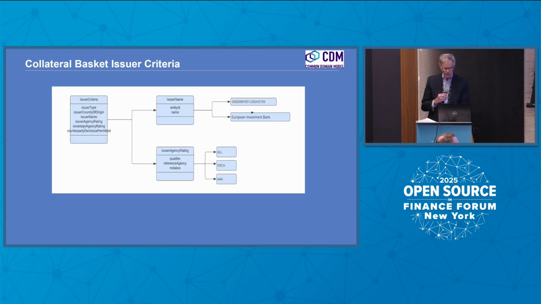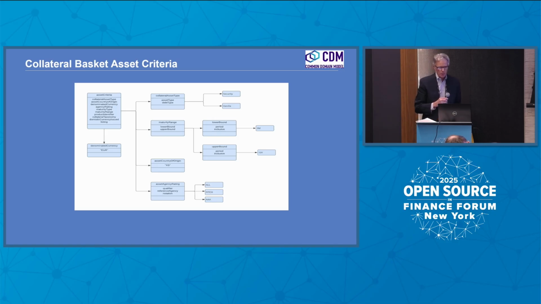Some of the criteria you can identify, and it goes much deeper as Vernon was showing, are things like who the issuer is and what the rating of the security is. On the asset side, you can go into the asset type, the maturity of the asset, the rating of the asset, the currency, and so on. So there are lots of parameters you can define for eligibility.